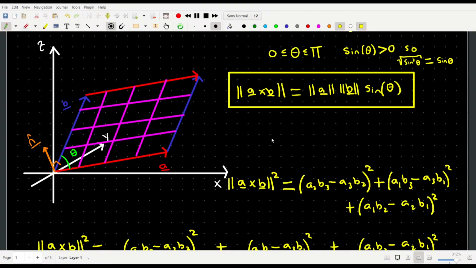So this is quite incredible, and this is what the magnitude of the cross product is, and it's giving us a hint at the geometric form of the cross product.